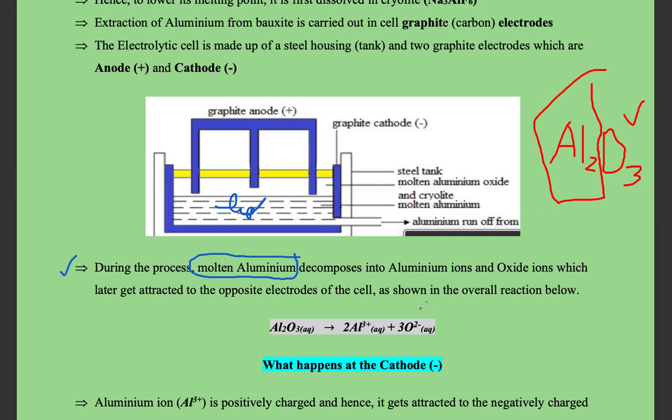So this is what is being referred to in this chemical equation. During this process, aluminium oxide decomposes into ions of aluminium as well as ions of oxygen, which are oxides. We have seen aluminium here. There are 2 atoms. That's why we have a 2 here. And each aluminium atom forms a charge of 3 because it is in group 3. That's why we have that.